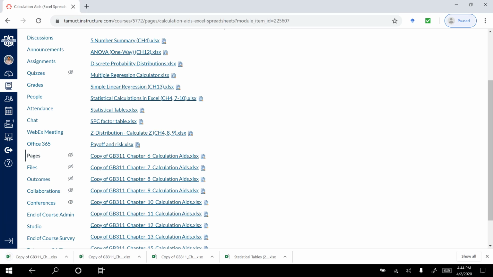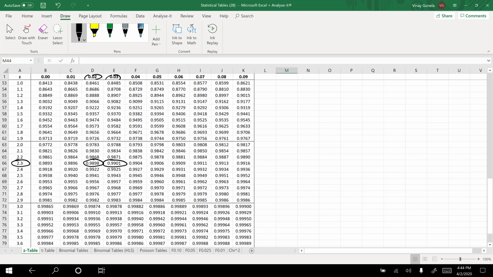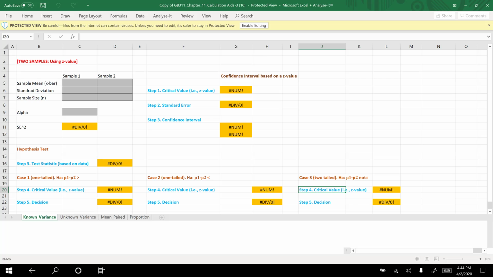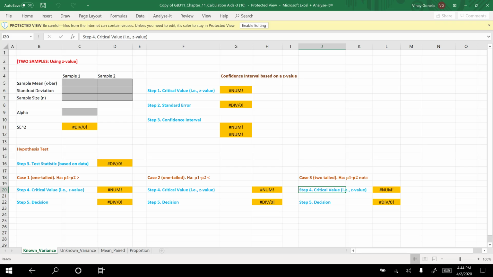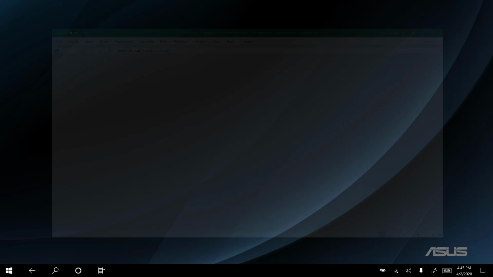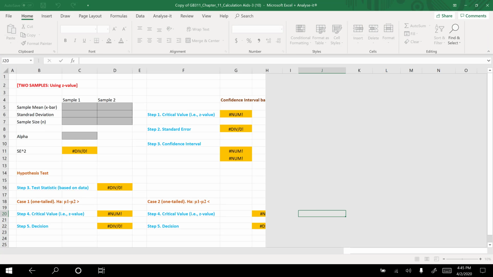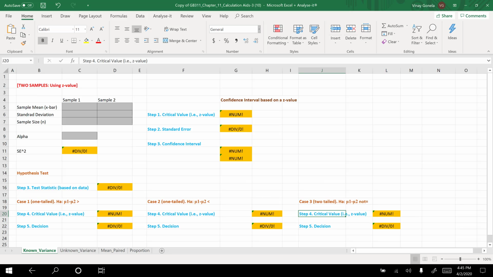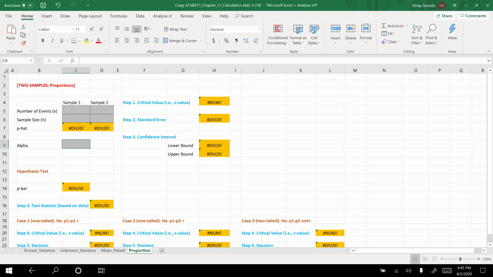I will download it, open it, and enable editing. So this is a proportion problem, so I will go to proportion and key in these numbers.